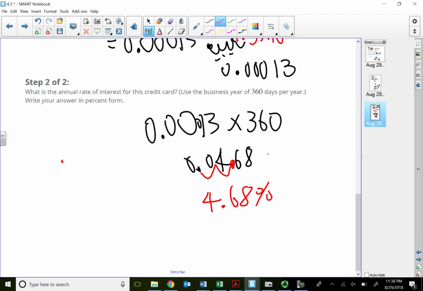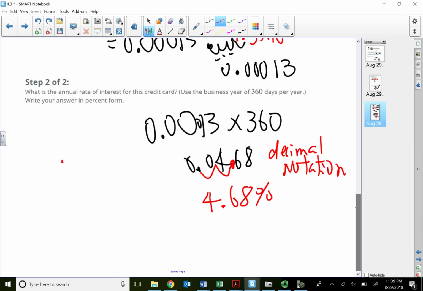Here I move my decimal to the left, and here I move my decimal to the right 2 places, because this answer was a decimal notation. If I have a decimal notation and want a percent, I multiply by 100. This is not a percent; it has to be moved to the right, or times 100, to become a percent. So be very careful.